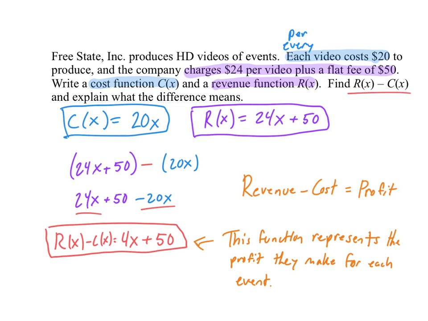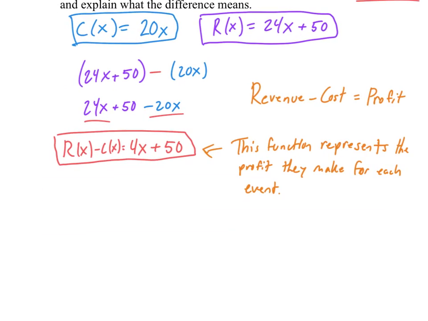So let's say they covered the homecoming dance and then they were able to sell something like 200 videos. And so we could say the profit for selling 200 videos would equal 4 times 200 plus 50. That'd be 800 plus 50, so that'd be $850.